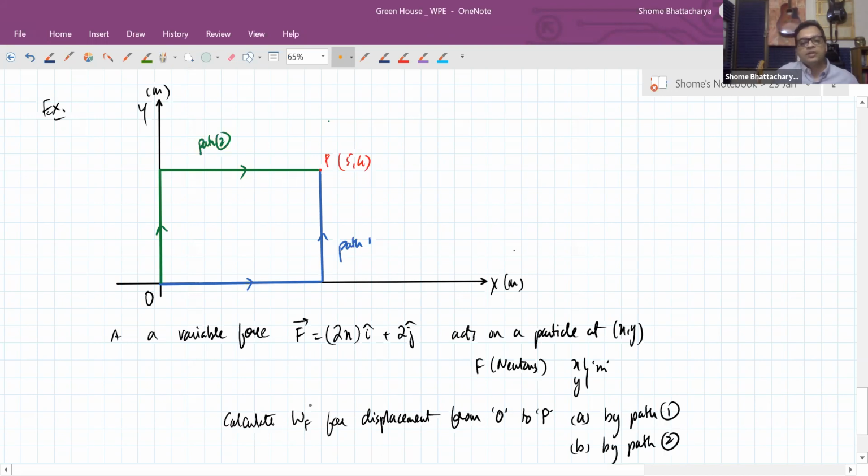So we have to calculate the work done by this particular force for the displacement from O to the point P, but first by path 1 and secondly by path 2. And by doing this calculation, we'll see something interesting over here. So just note down the question first, then I'll explain how to solve this.